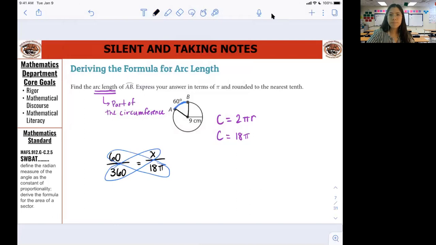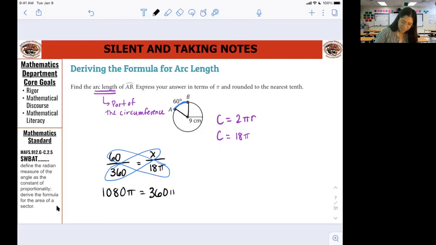360x equals 1085. Wait, 1805? No, 1080. Oh, 1080. Miss, I'm going off of you, I'm not using my calculator.